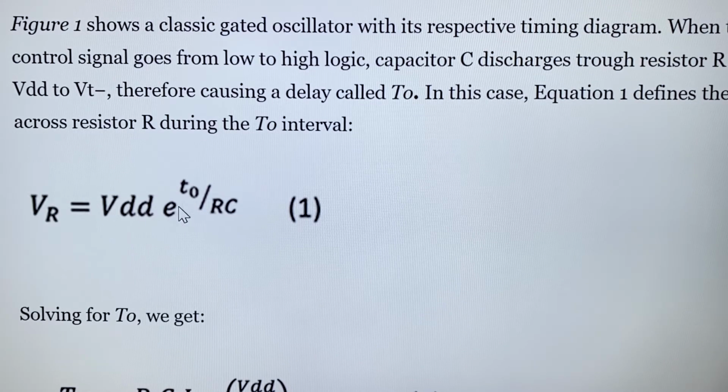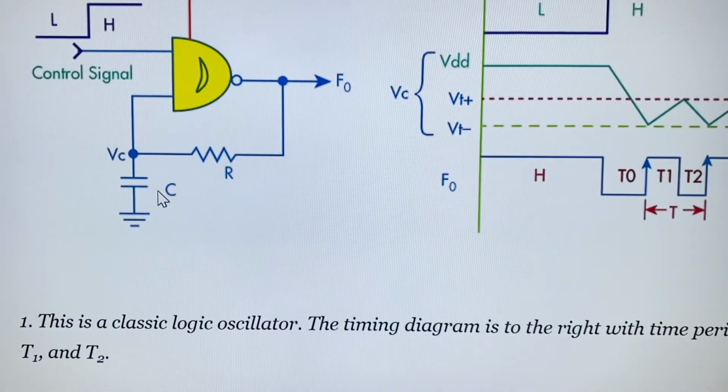This equation is obtained from the current flowing across this circuit: the current is equal to VDD given by the gate over R times e to the negative T over RC.